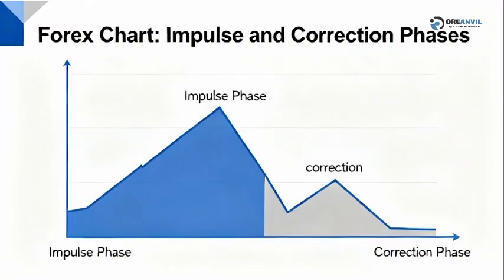It doesn't move in a straight line. And we have two types of move. One of the moves is what we call the impulse phase. This is a strong move in one direction, when the buyers or sellers take control and push the price strongly up or to the downside.